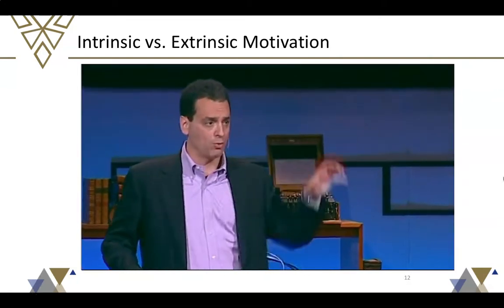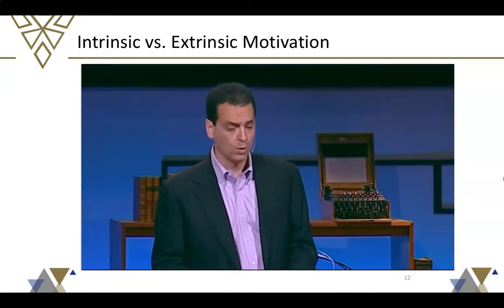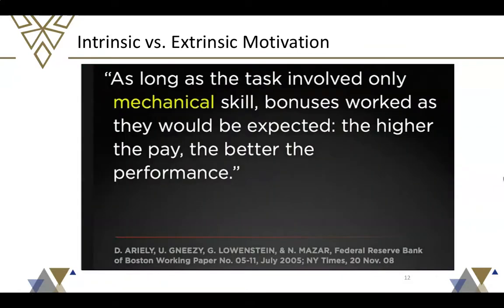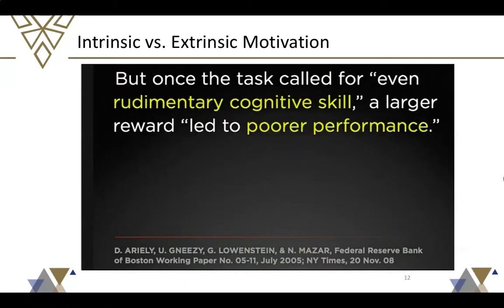Do really well, you get the large reward, on down. What happened? As long as the task involved only mechanical skill, bonuses worked as they would be expected. The higher the pay, the better the performance. Okay? But once the task called for even rudimentary cognitive skill, a larger reward led to poorer performance.